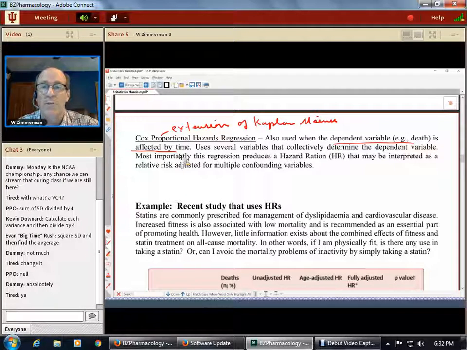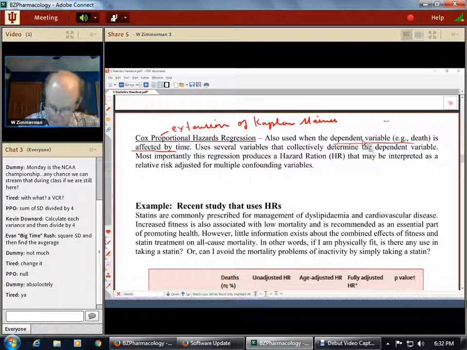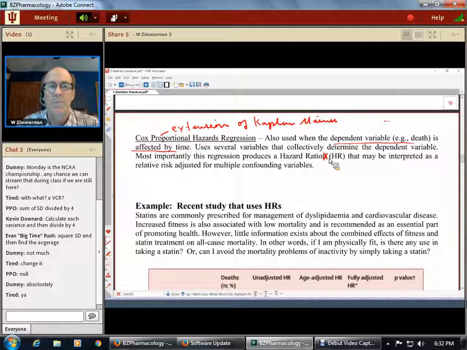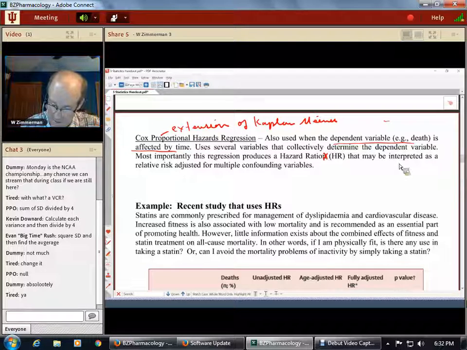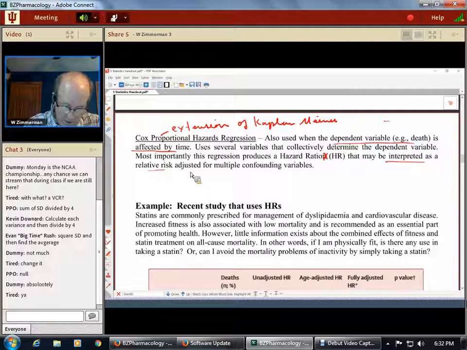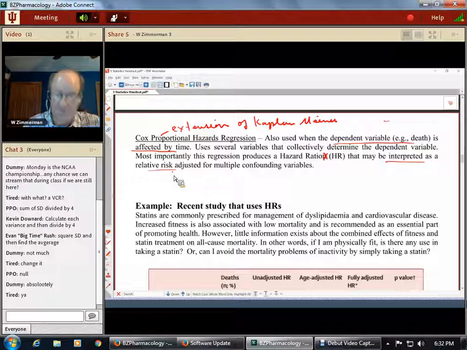But now we're looking at several variables that collectively determine the dependent variable. And it gives us this hazard ratio. That may be interpreted as a relative risk, relative risk adjusted for multiple confounding variables.